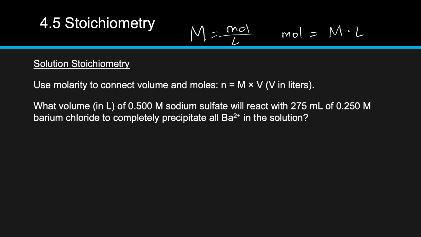So this one says, what volume of a 0.5 molar sodium sulfate will react with 275 milliliters of 0.25 molar barium chloride to completely precipitate all Ba2+ in the solution?